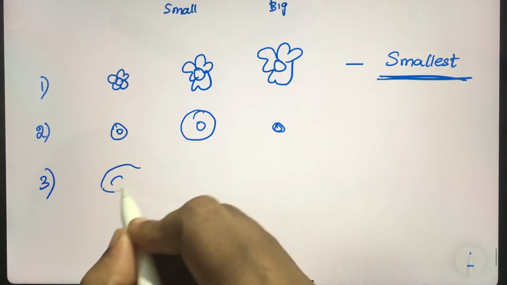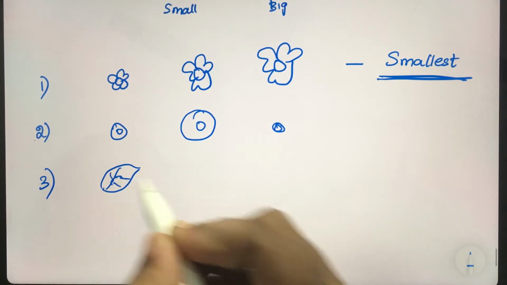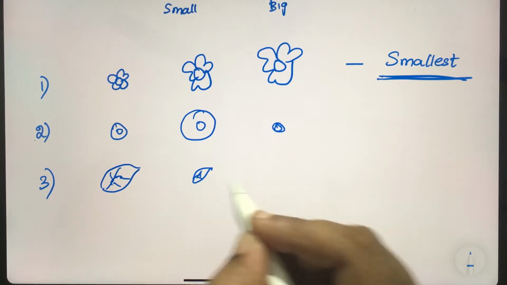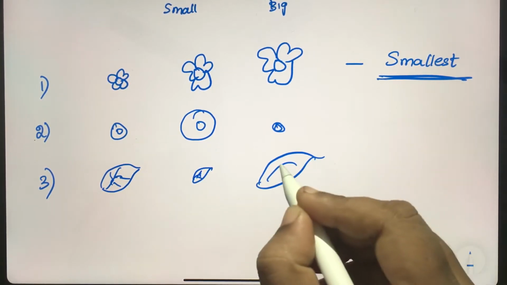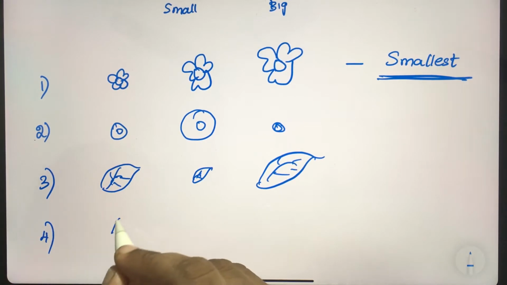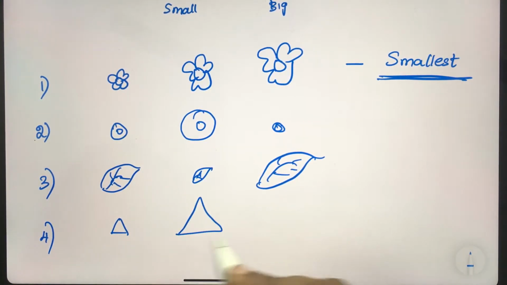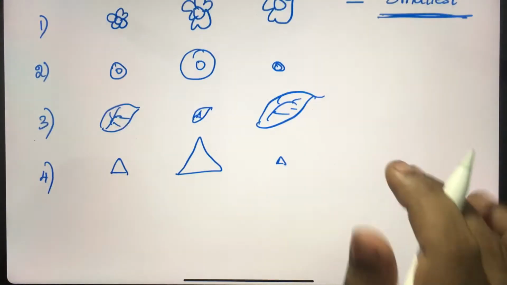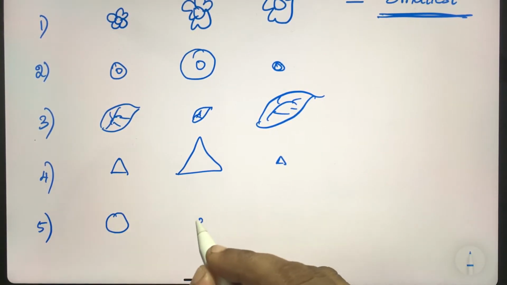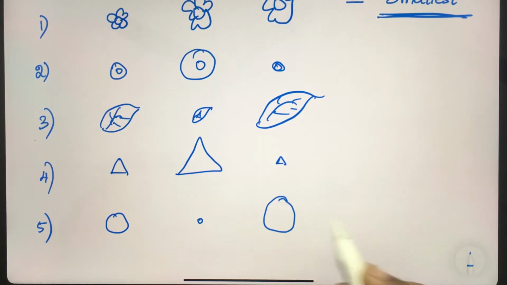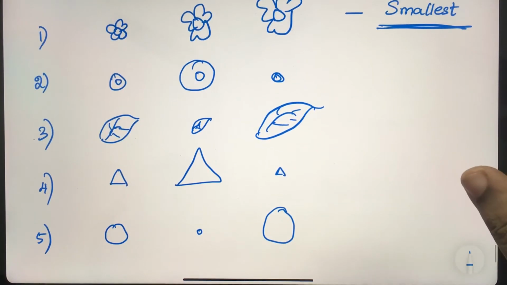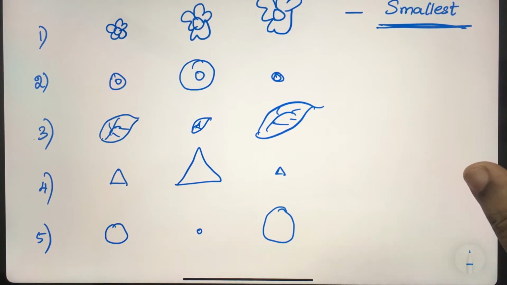A leaf, a small leaf and a big leaf. A triangle, a big triangle and a small triangle. A circle, a small one and a big circle. For these 5 activities, our kid is going to find out the smallest.